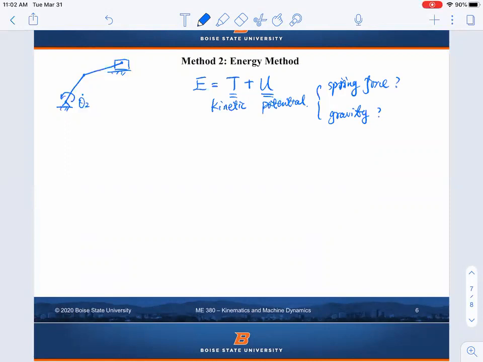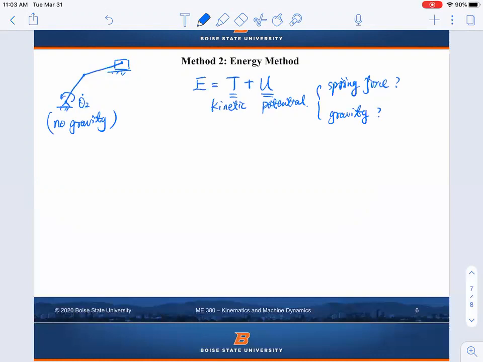You can store potential energy in a magnetic field, in an electric field, in pressure. But to simplify our discussion, we only talk about spring force and gravity force. First, let's talk about the no gravity situation. We assume the gravity of the system is negligible.